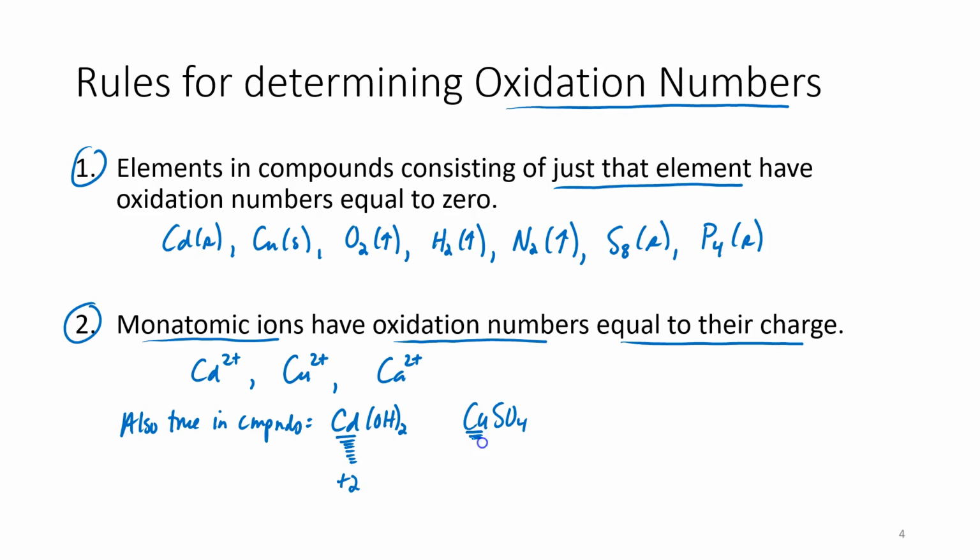Again, we have a monatomic ion, the charge of that ion is also its oxidation number. Or how about calcium perchlorate? Again, we have a monatomic ion. The charge of that ion is equal to its oxidation number, which is a +2.